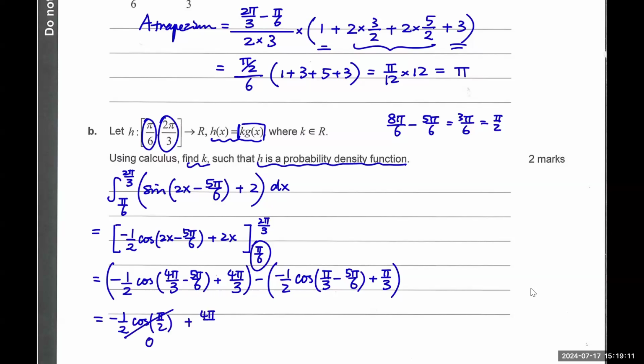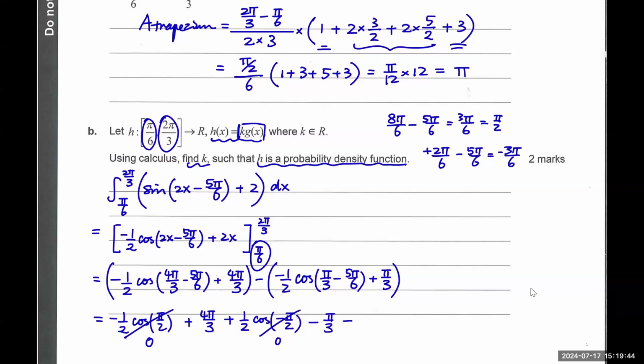Plus 4 pi over 3 plus minus minus plus cosine of, let's say this is like minus half pi, if I'm not mistaken. Hang on a second, let's check. Plus pi over 3, sorry, over 6, minus 5 pi over 6. This is minus 3 pi over 6. Yep, minus half pi, that's correct. And this will be 0, okay?